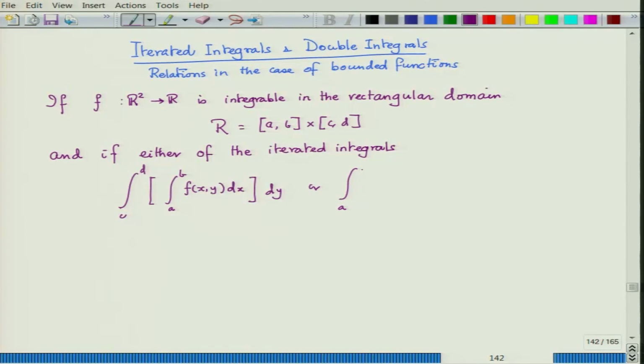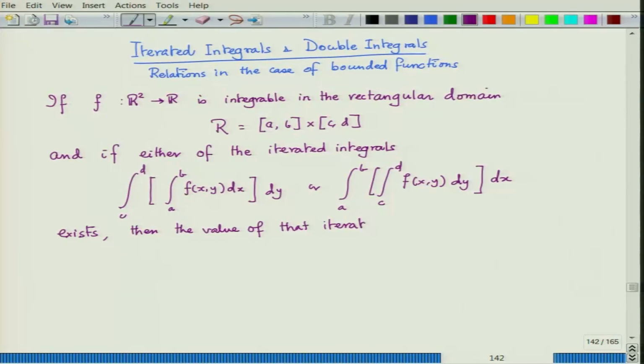If either of these iterated integrals exists, then the value of that iterated integral coincides with that of the double integral.